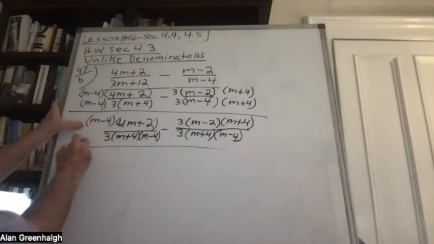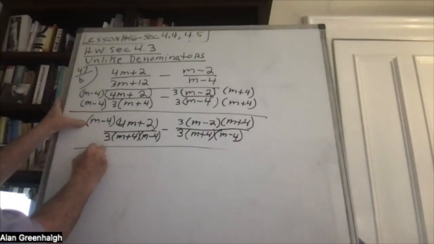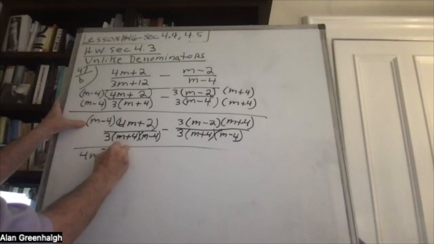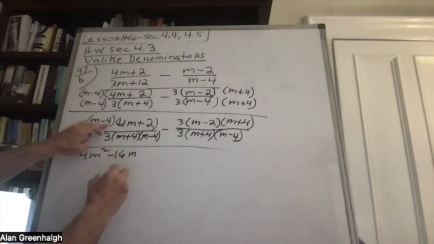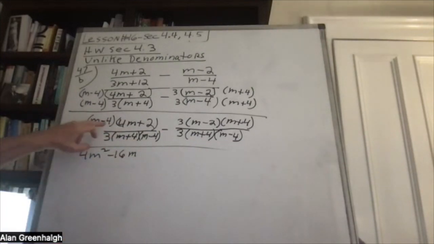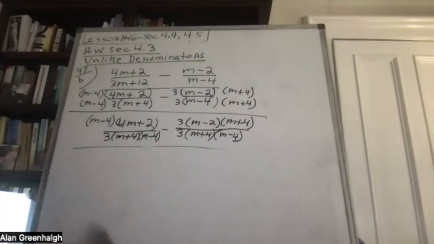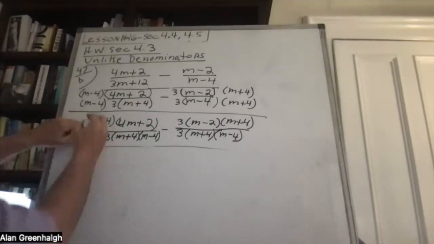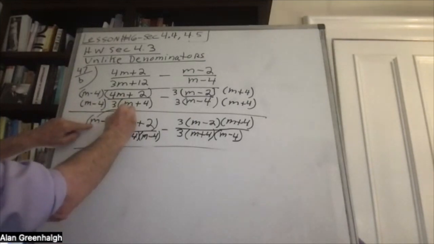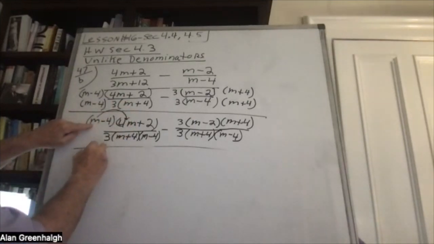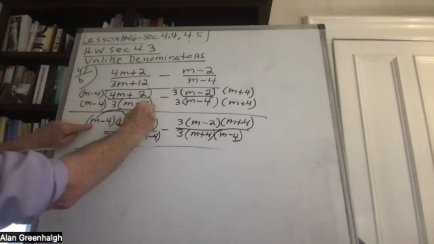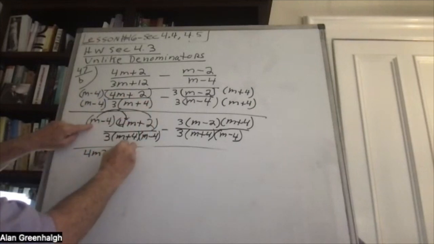So let's do that. That's 4m squared minus 16m. So we multiply. Let me do this in an organized way rather than just trying to wing it. So m times 4m is 4m squared. m times 2 is 2m.